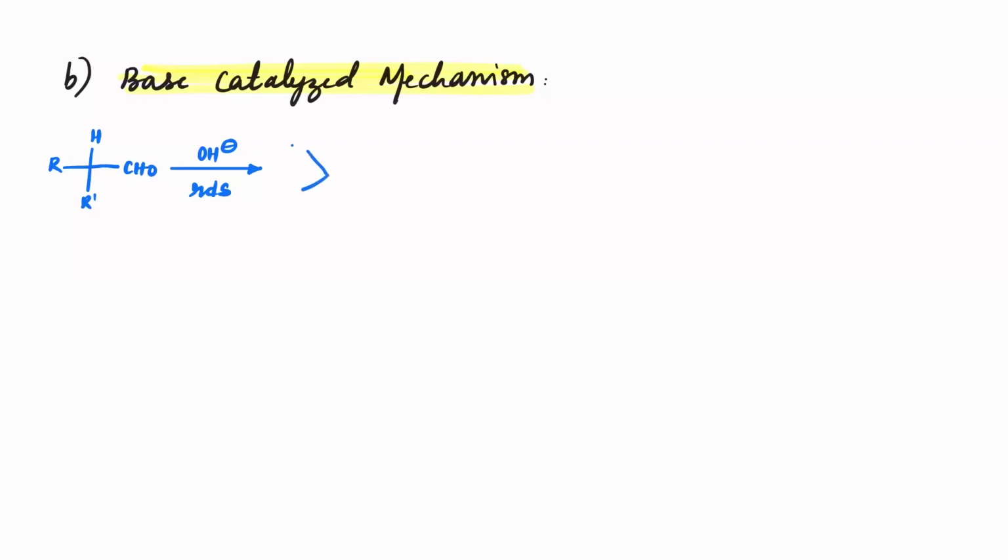So R dash with the carbon having a minus charge here, and this double bond O, H here, and this negative charge would be pushed. This pi bond will be pushed up, by which you will get R dash, double bond here with C, O minus, and H. This is what you will get.